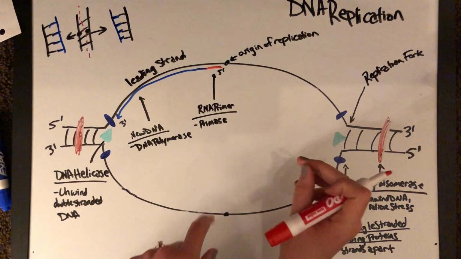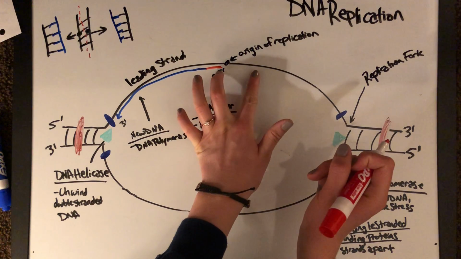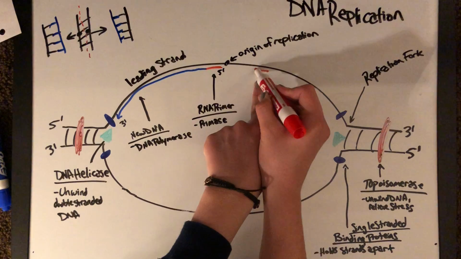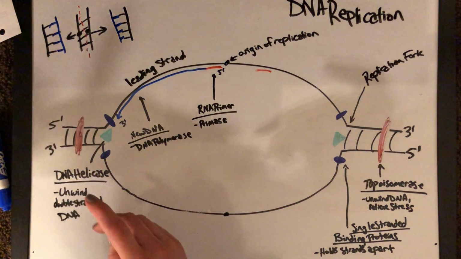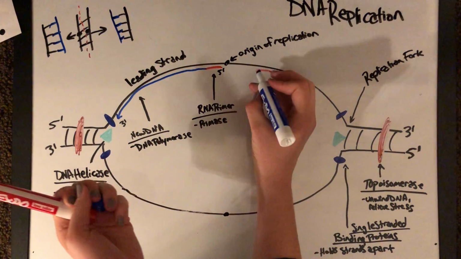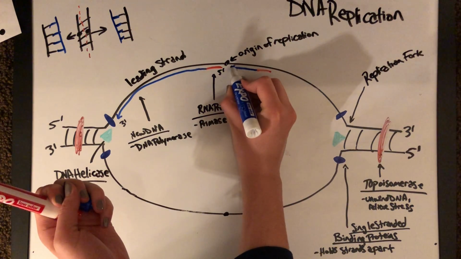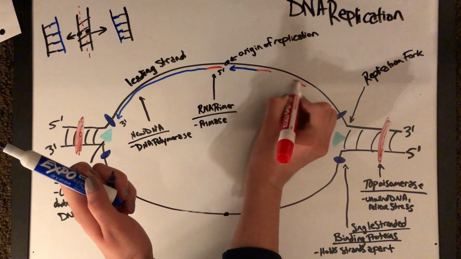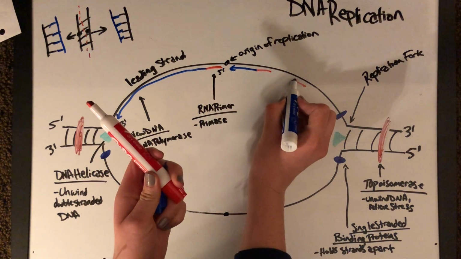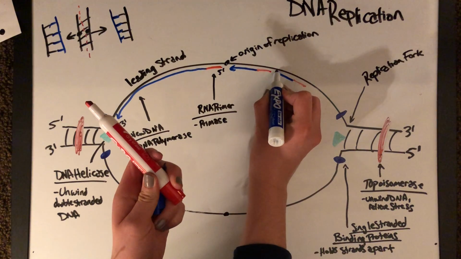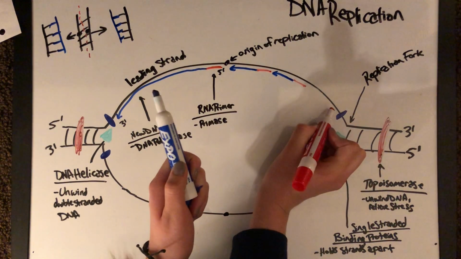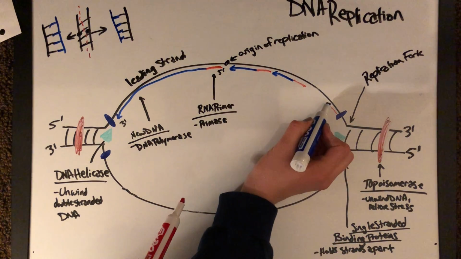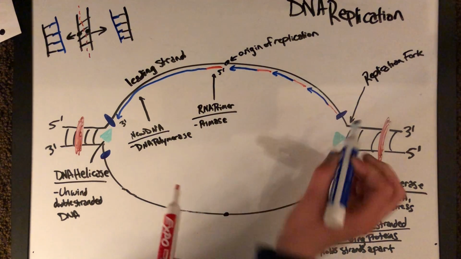So we wait until it's open enough, and then we add an RNA primer, and then we synthesize in the 5' to 3' direction. And then we open up a little more, we add another primer, synthesize in the 5' to 3' direction. And again, primer, excuse me, 5' to 3' direction.